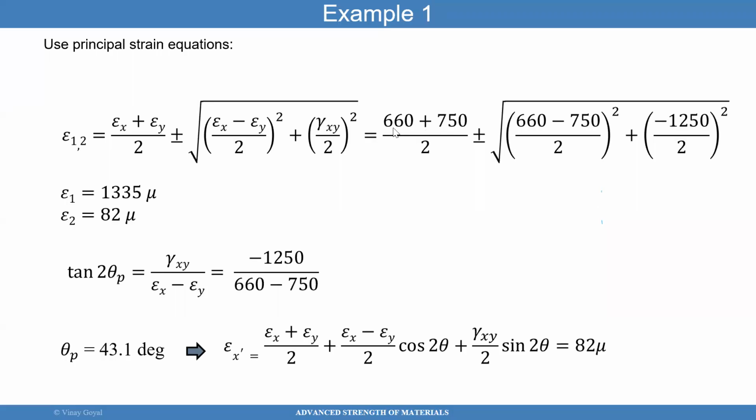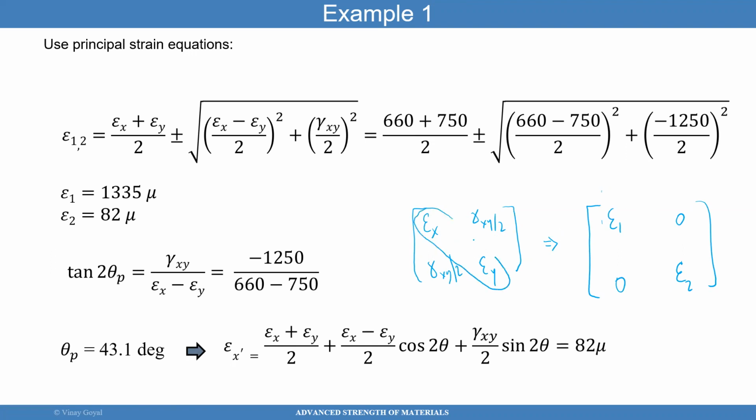I want to point out something quick. So the diagonal terms, which are this, when they're transformed to the principal strains, you get no shear strains in that principal plane. I want you to notice how when you sum this and you sum this, they'll be equal, because these are called invariants.